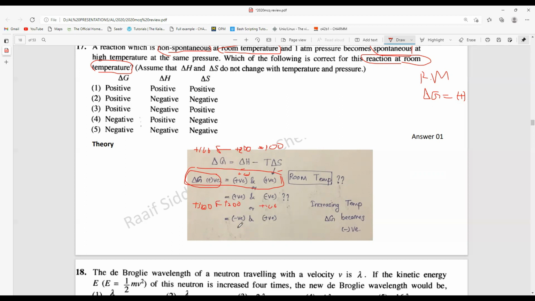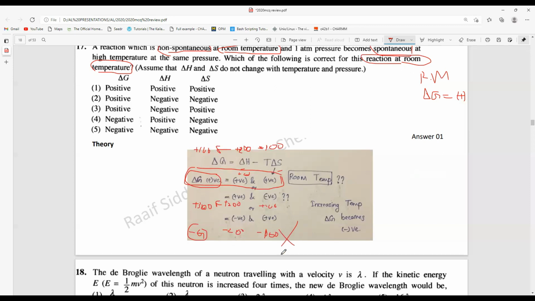And this one, if this is negative, let's take this as minus 200 for example, and this is positive. So this would also be minus something, for example minus 100. So this is minus, which means your delta G will be negative. So this is not a case.